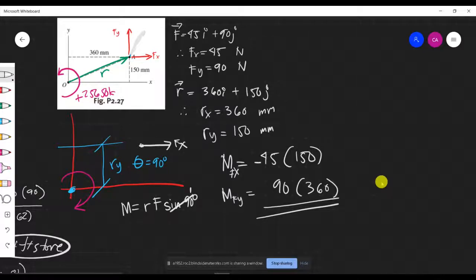Okay? Si Fy ay nagkakos ng positive rotation. So, pag pinag-plus natin, ilan? 25,650. Diba? Pareho lang.